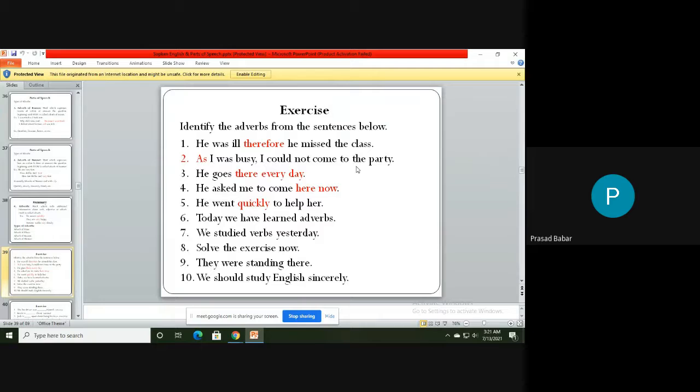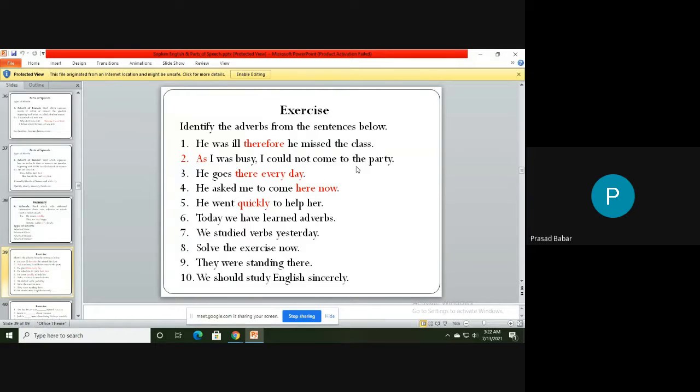The third example, he goes there every day. Here in this example, there are two adverbs, and those are there and every day.